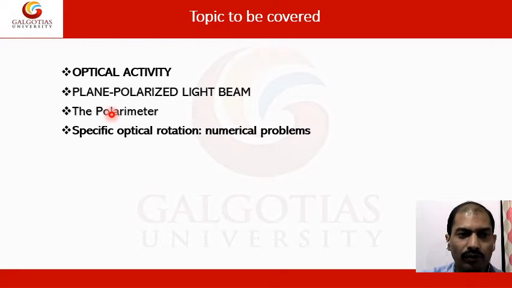And then we will come to the problems based upon the specific optical rotations, and we'll see how different optical rotations are there, and on the basis of different numerical problems we will be able to see what particular kind of enantiomer is present.